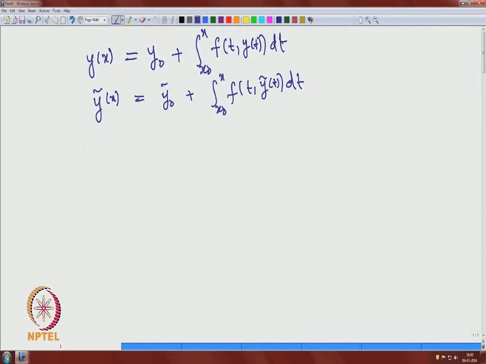If I find the difference, y of x minus y tilde of x, and take the absolute value, it is less than or equal to the difference y0 minus y0 tilde plus integral x0 to x, and since f is Lipschitz continuous with respect to the second argument, one alpha comes out.